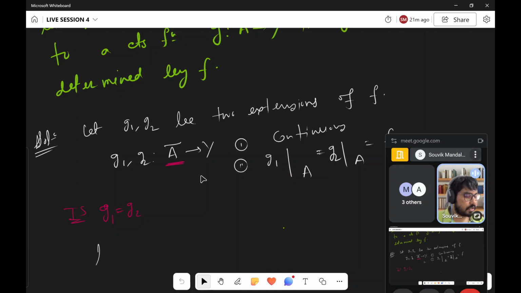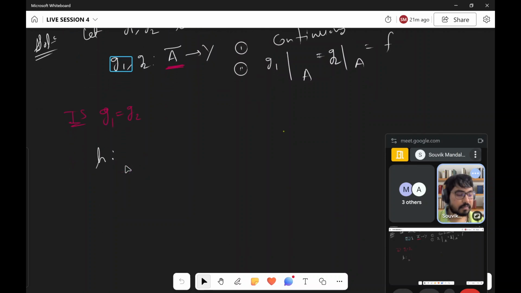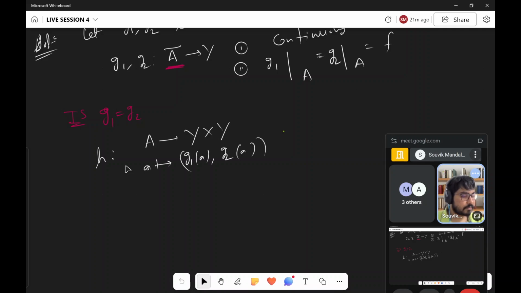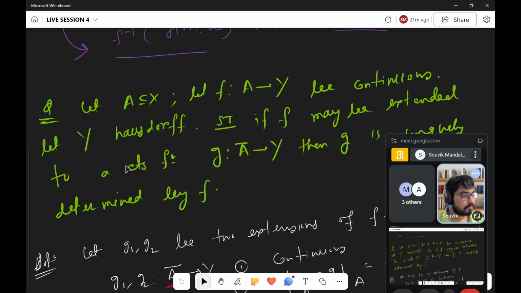The trick is as follows. We define a new map little h from A closure to Y cross Y, taking a to (G1(a), G2(a)), and we define delta of Y to be the points (y, y). Now Y is given to be Hausdorff by the statement.